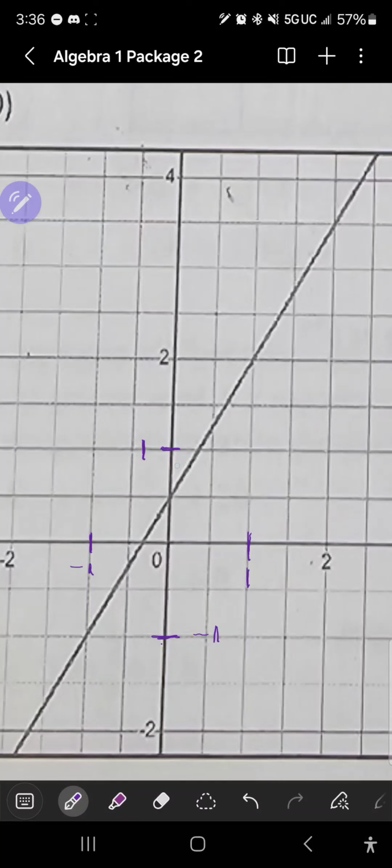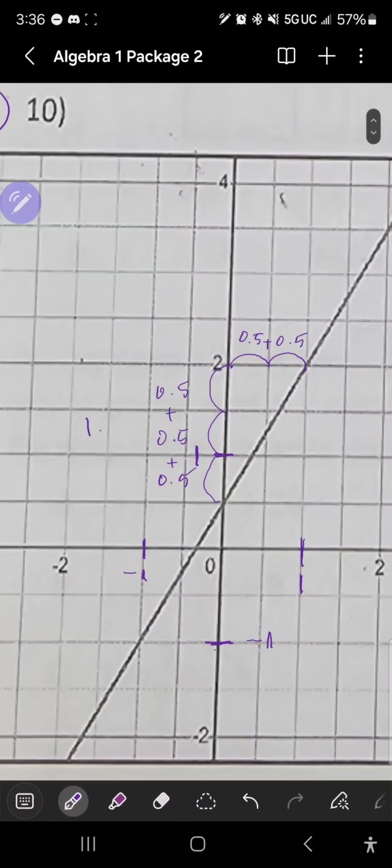So rise is going to be up, so this will be 1, 2, 3. So this will be 0.5 plus 0.5 plus 0.5 over run, which is 1, 2, 0.5 plus 0.5. Now, 0.5 times 3 is just 1.5, and 0.5 times 2 is just 1.